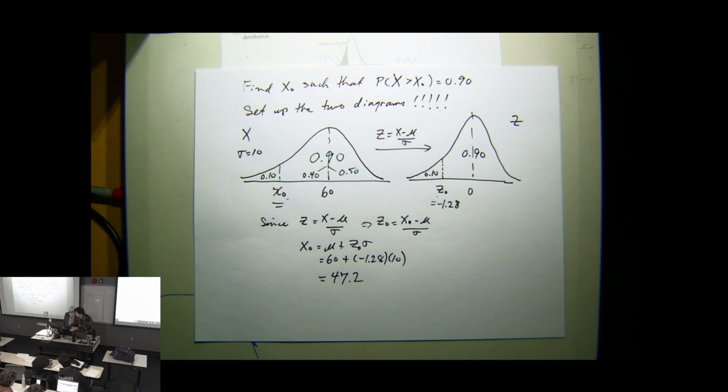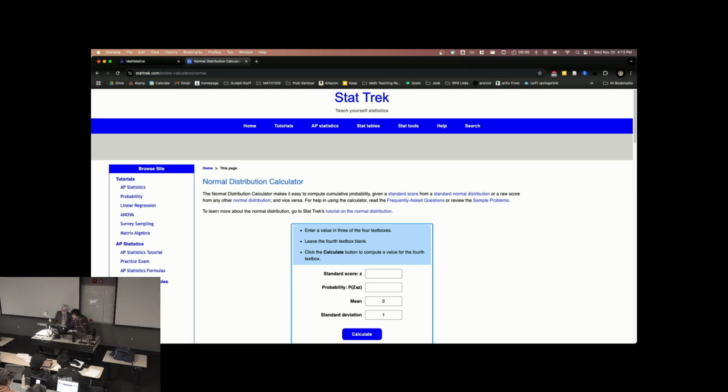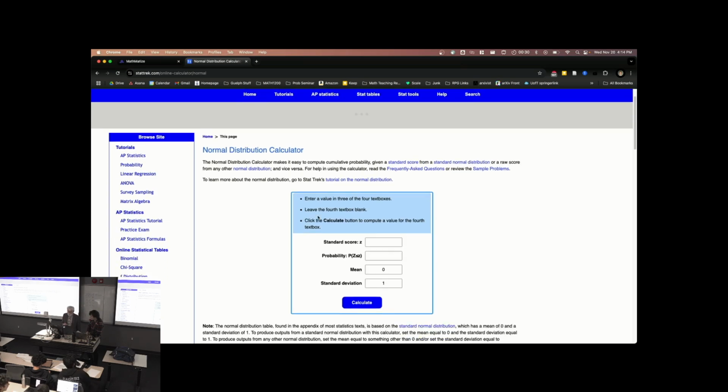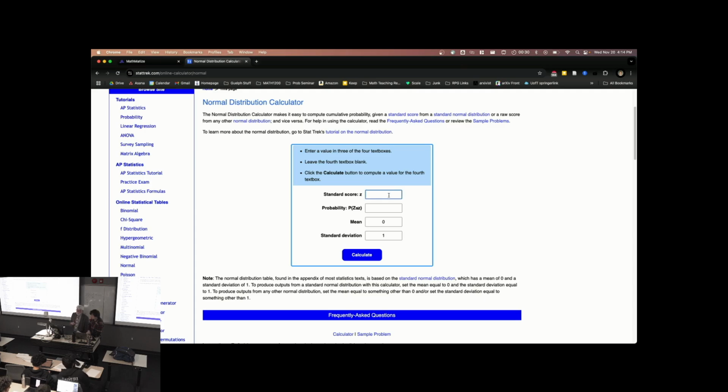Okay. So Mihai is going to show us what he can do with this calculator here. First of all, by default, it gives you a standard score, and that'll give you a probability. So let's suppose we just put in a standard score of 1.96.